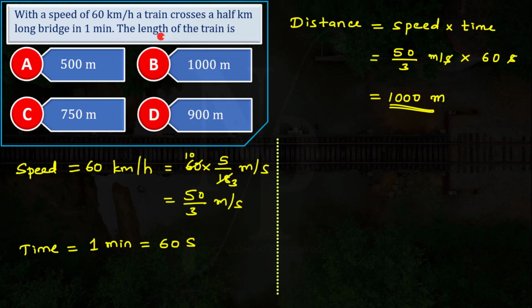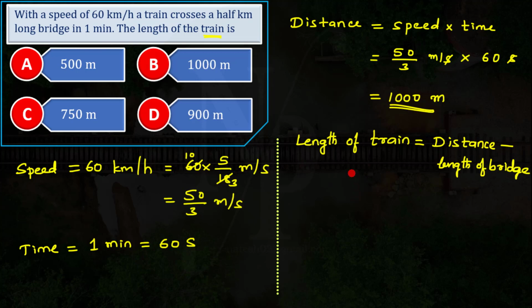We are asked to calculate the length of the train. So length of the train will be equal to total distance traveled minus length of the bridge. So length of train, I write LT, is equal to total distance traveled, 1000 meters, minus length of the bridge, half kilometer, which is given in the question here.